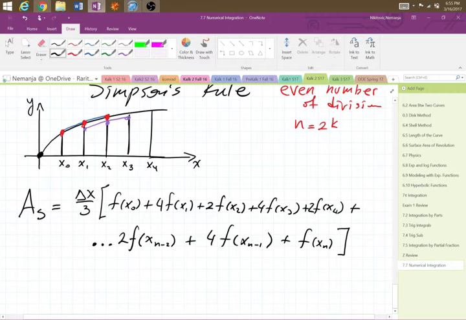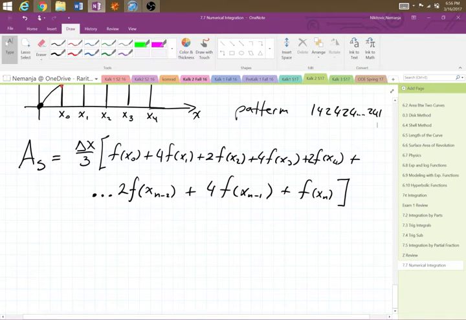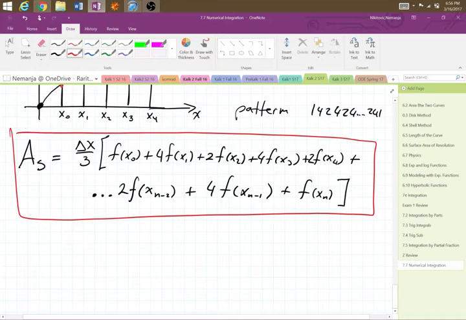So the pattern over here inside is 1, 4, 2, 4, 2, 4, and then 2, 4, 1. You have to end up with 2, 4, 1. Delta x is still good old b minus a over n. N is the number of rectangles, number of divisions.